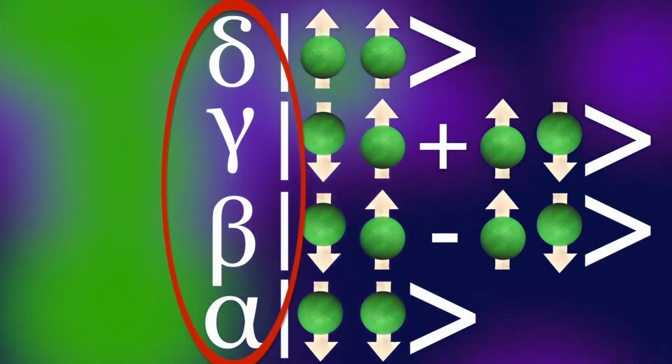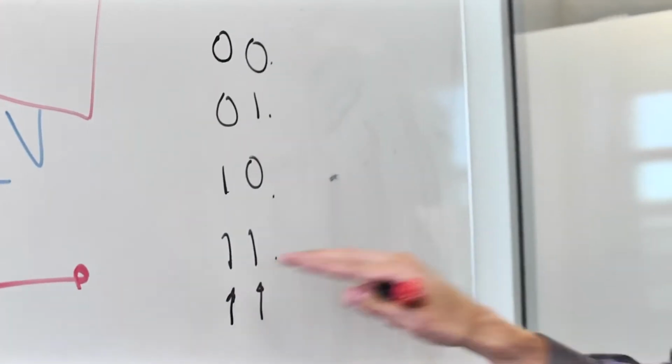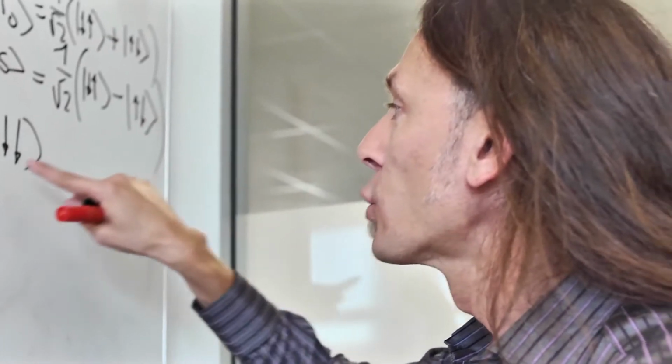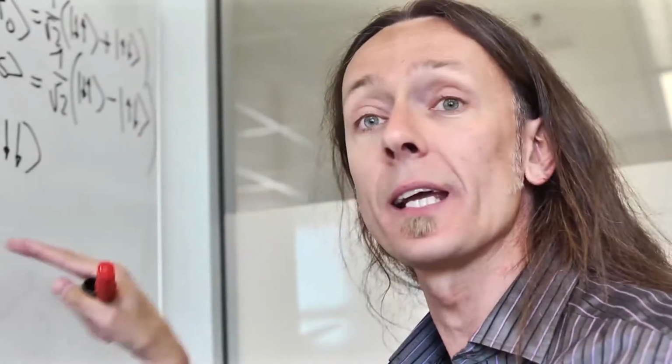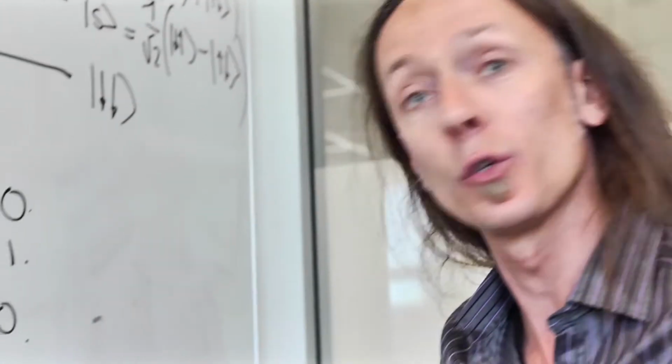So to determine the state of this 2-spin system, I need to give you 4 numbers, 4 coefficients. Whereas in the classical example of the 2 bits, I only need to give you 2 bits. So this is how you understand why 2 qubits actually contain 4 bits of information. I need to give you 4 numbers to tell you the state of this system. Whereas here I only need 2.